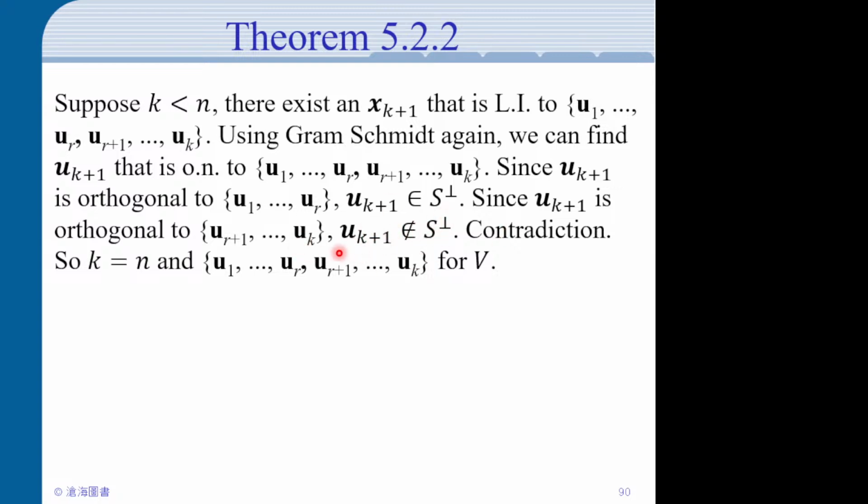Because everything inside S perpendicular is a linear combination of those, but a linear combination of those has zero inner product with this, so the coefficients must all be 0. So it's not inside S perpendicular, and so this u_{k+1} can only be 0, and that's a contradiction.